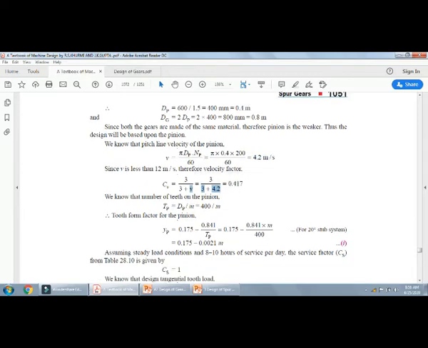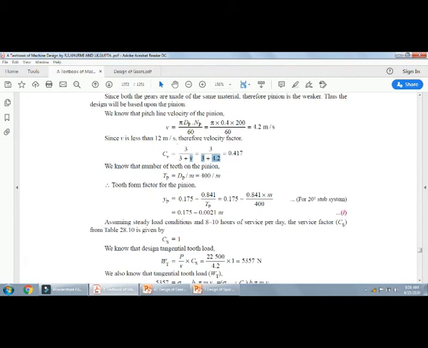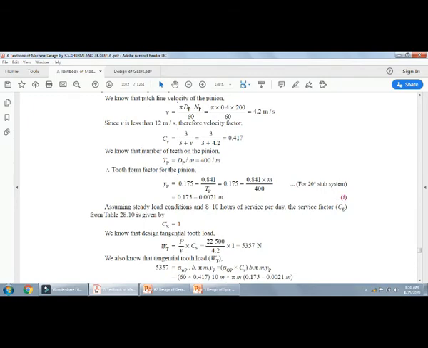Then we will be able to calculate Cv. So Cv will be equal to 0.417, because V is less than 12 meter per second. So we can simply say the velocity factor may be selected accordingly, because it depends upon the pitch line velocity.